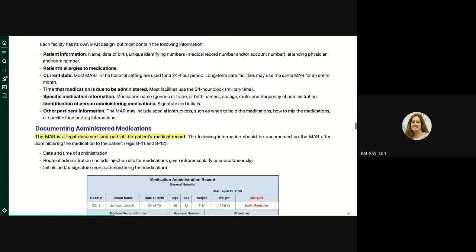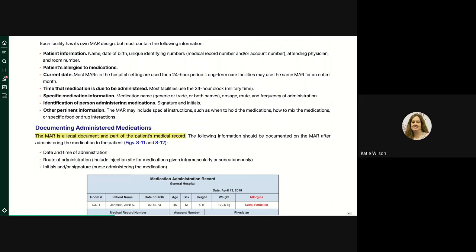Each facility has its own design of medication administration record, and you'll notice that once you get into the healthcare setting. But they have to have essentially the same information. Obviously, the patient information: their name, room number, date of birth, whatever identifying information is unique to them. Any allergies to medications, of course, are very important.